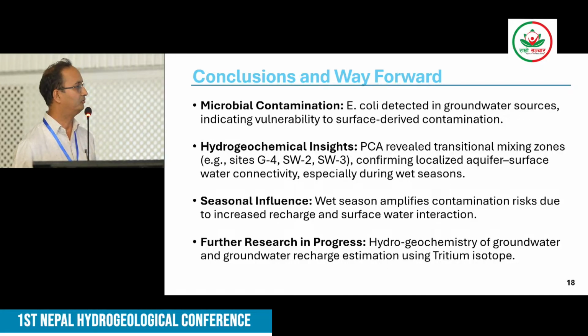And regarding seasonal influence, we have found that, especially in the case of E. coli and suspended solids, there is a significant, notable seasonal influence. That increases the groundwater contamination also, and you can also see the recharge of the groundwater from the surface water.